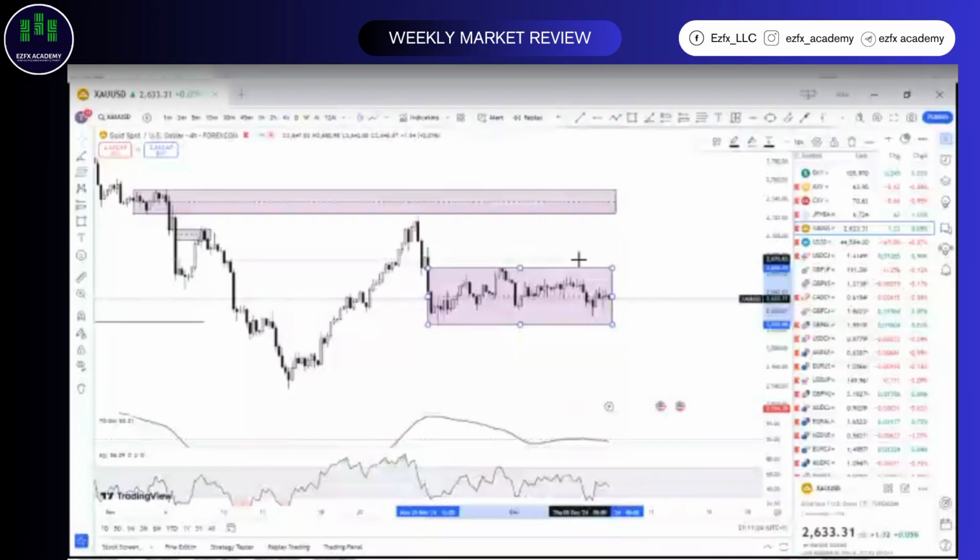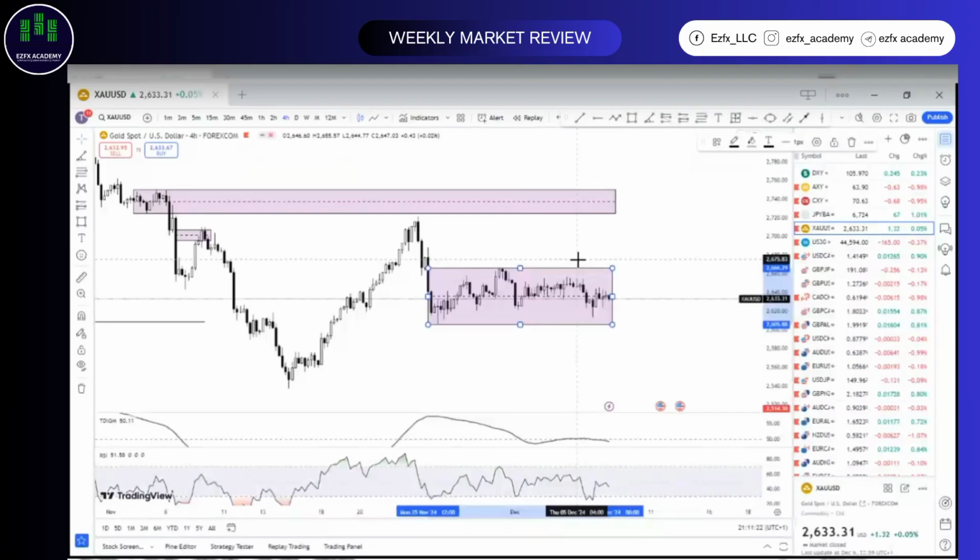When you were learning trading, you would have seen that there's technical analysis, fundamental analysis, and also sentiment analysis. So I want you to be very cautious when it comes to fundamentals, especially.